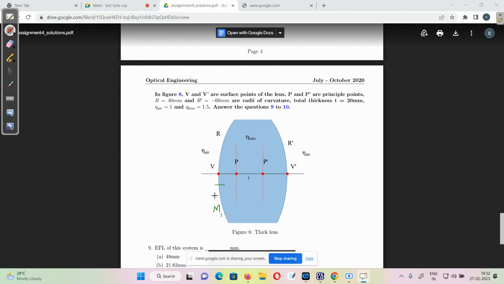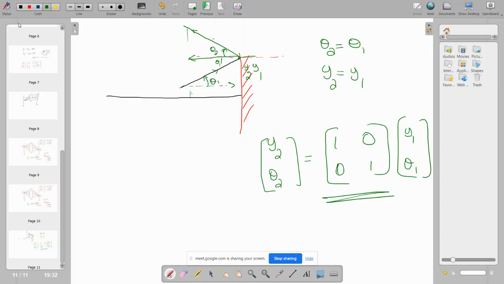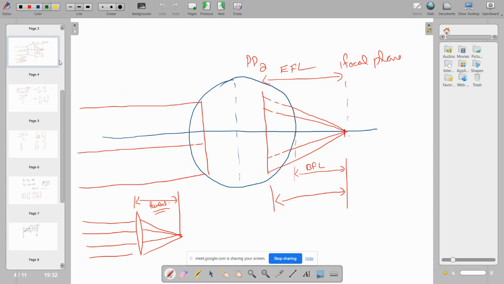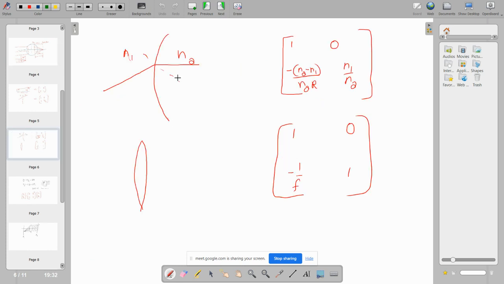We already said that the radius of curvature transfer means there will be one matrix corresponding to it. The transfer matrix for a curvature refraction: you have to put 1, 0, then minus (n2 minus n1) by n2.